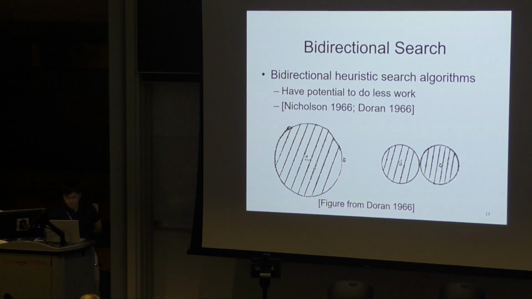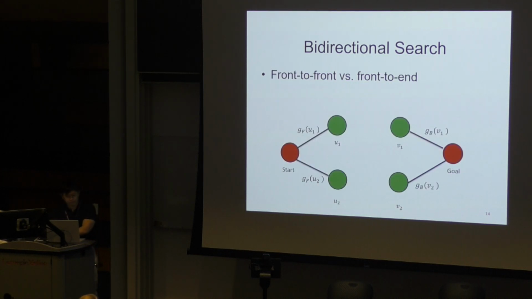The next part is bidirectional search. In the early study of bidirectional search in 1966, people were interested in it because it has the potential to do less work. We know that the work of two smaller searches can be smaller than one large search, right? There are generally two types of bidirectional search algorithms.